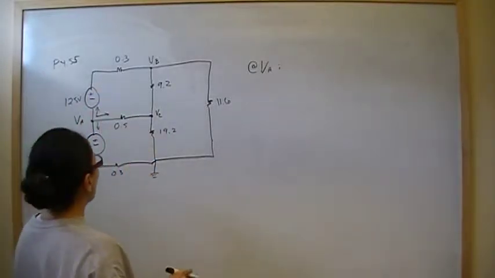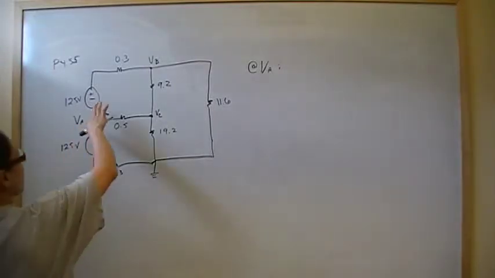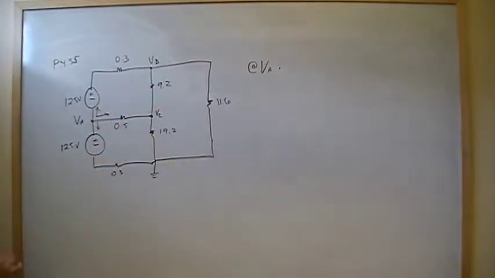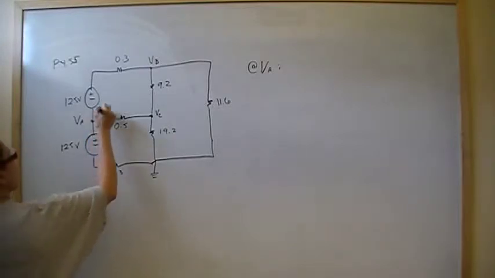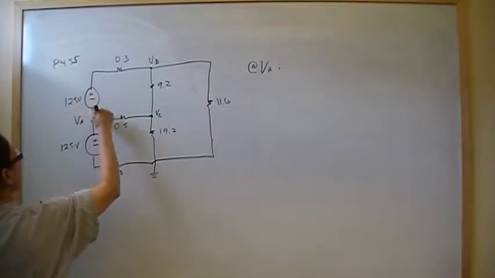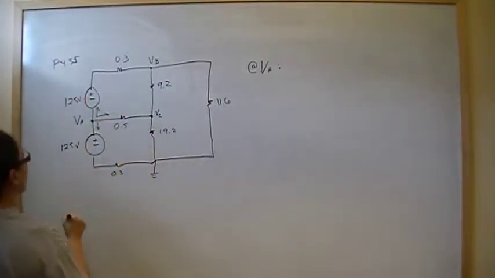Remember, current is voltage over resistance, so it's going to be the difference of the voltages divided by the resistance. The resistance is the easy part. The voltage is the hard part. So what is this voltage here minus this voltage here? This voltage here starts with VA. That much is clear. But how do we handle this right here?